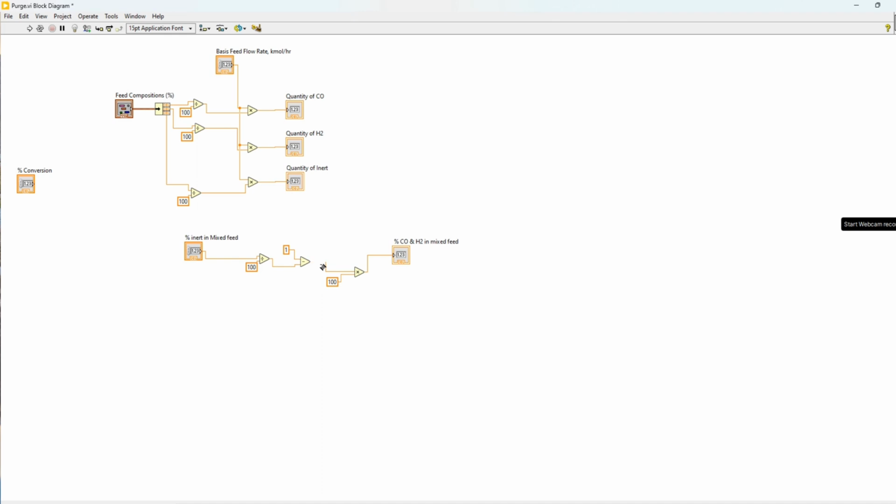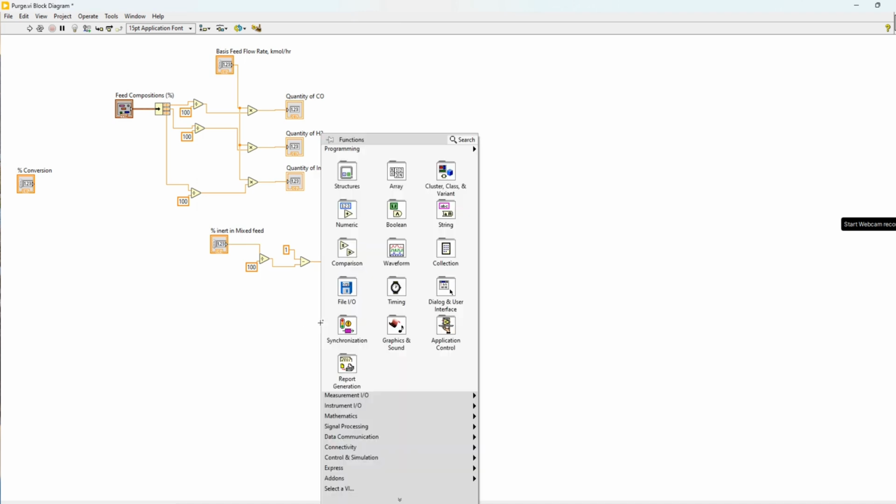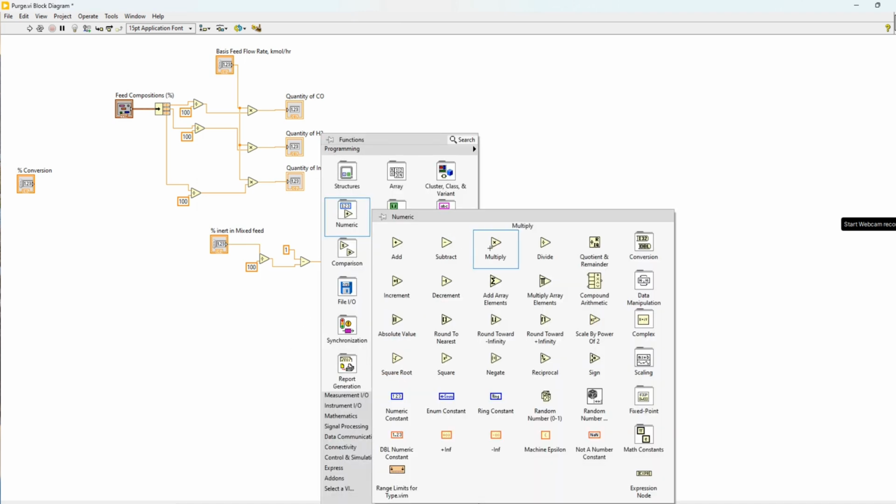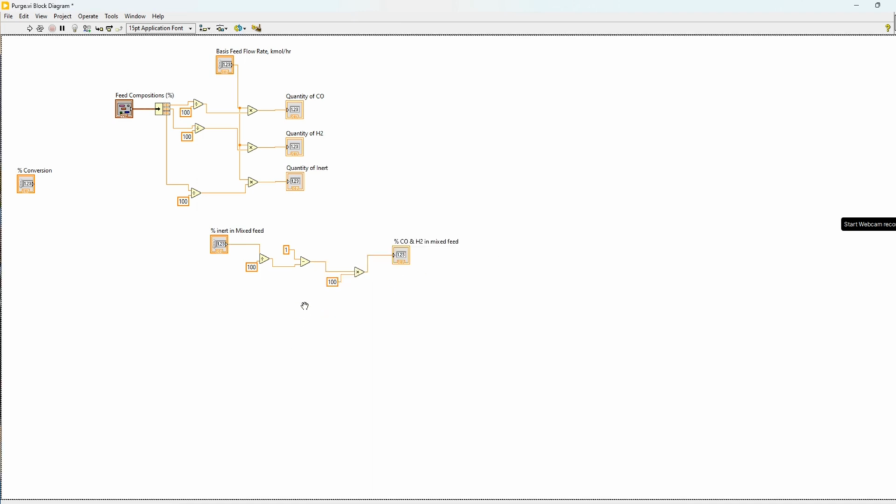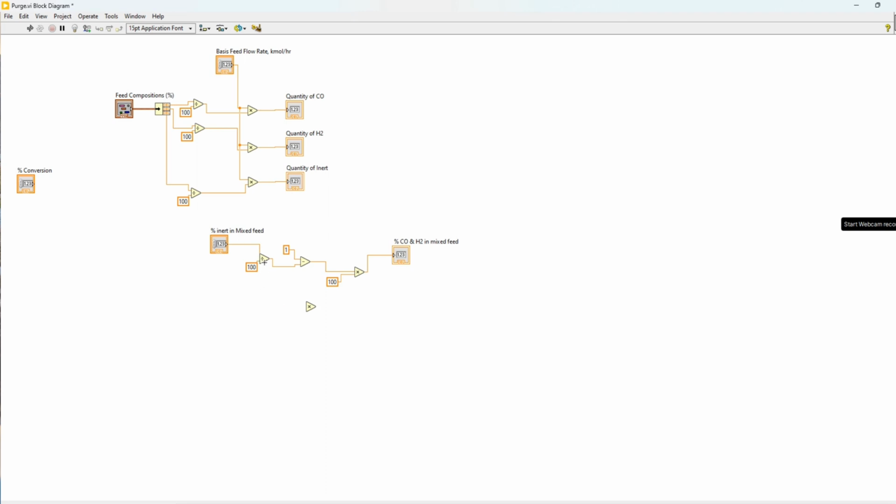So 20% reaction is going on, so unreacted is from the percentage conversion. From here we can see how much reaction is going on. So this is showing the reaction and the unreacted part.